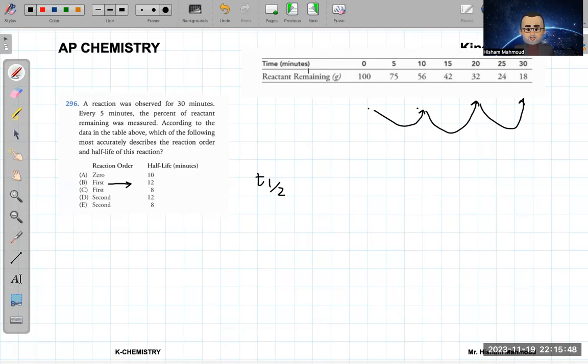Let's find out. From 0 to 10 minutes, it's a little bit more than 10. If it were 10, it would be 56 only. So it's more than 10, and not less than 10. We can say it's either 12 or so, but it's not second order, it's first order. Okay, so it is B.